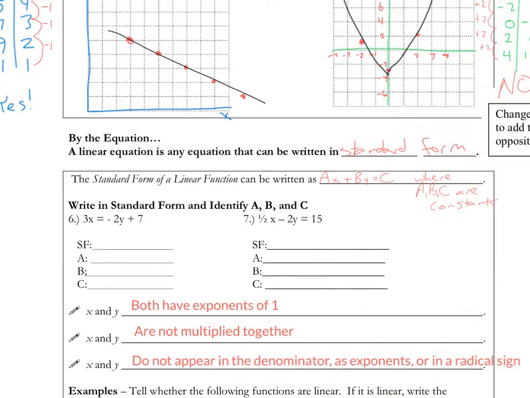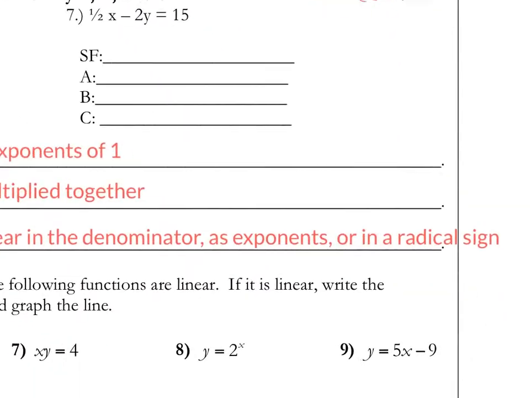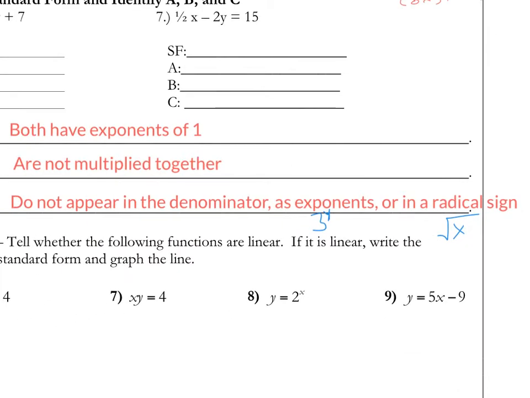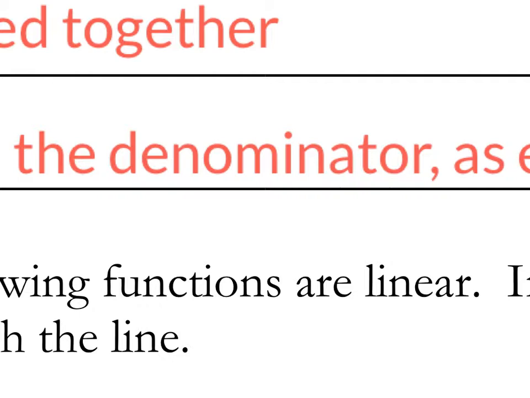That means in a square root. So you wouldn't have like the square root of x. Square root of x, you can't do that. That means not linear. Or if I had 3 to the y, notice how my y appears as an exponent. Again, not linear. And then as a denominator, that would be like 4 over x. Again, not linear.